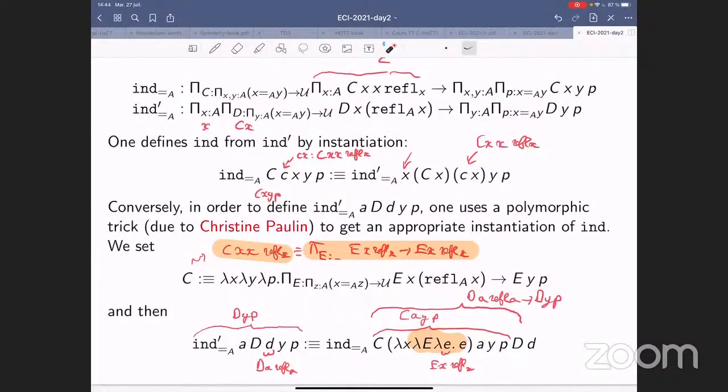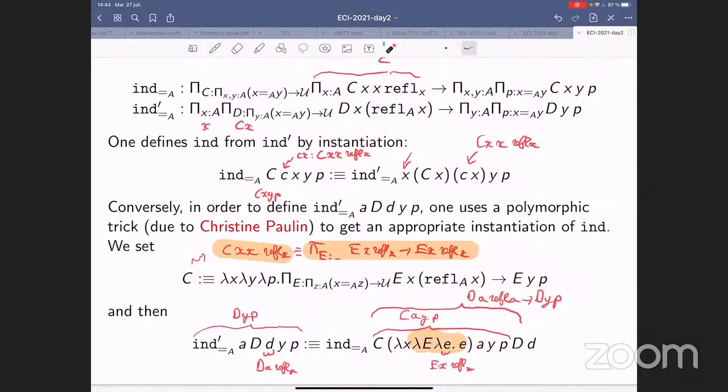When I have applied to D, I am exactly here, where I have replaced E by D and X by A. So what I have is this type here, DA arrow DYP, obtained by substituting D for E and A for X in this expression.